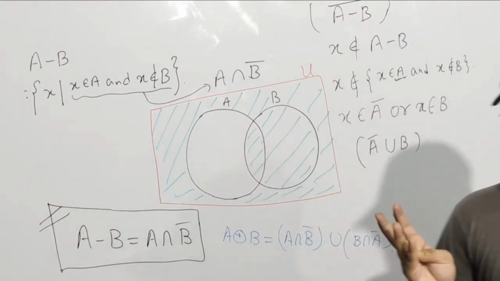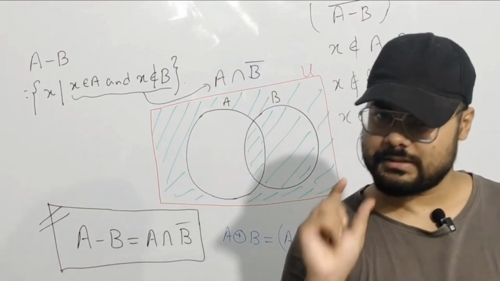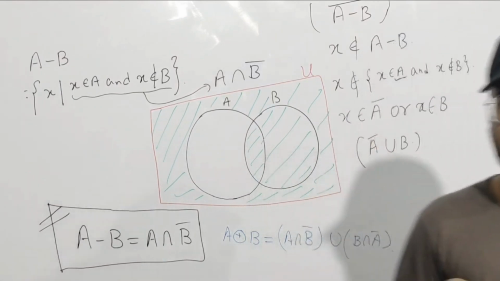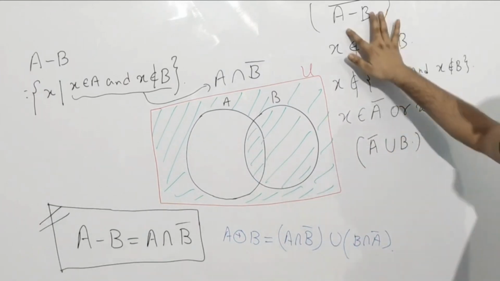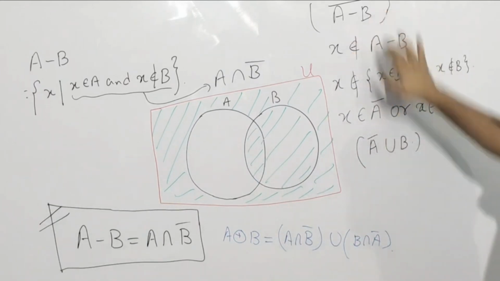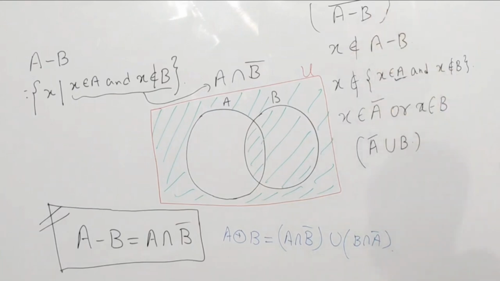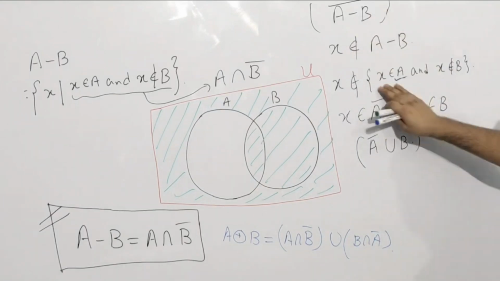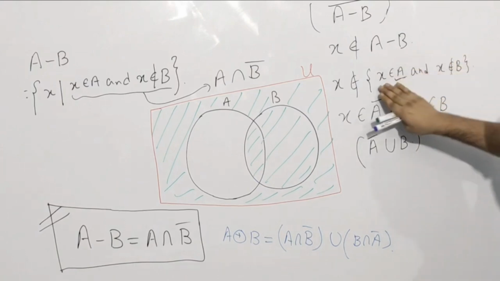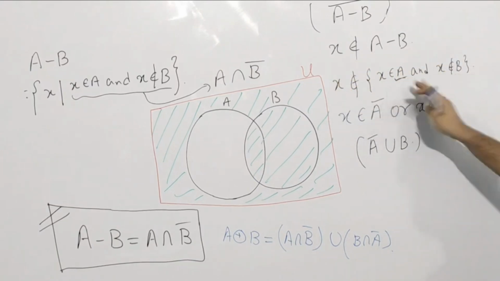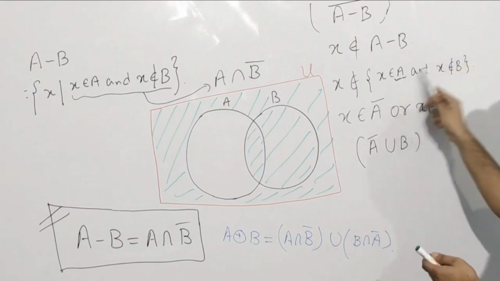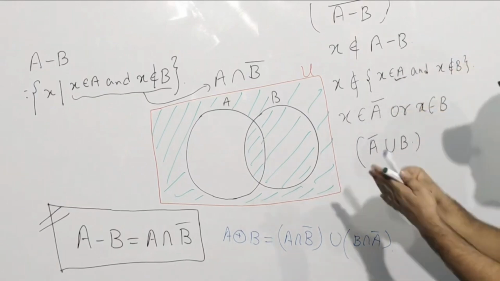Union, intersection, and complementation, the basic definitions you know, and then if you know De Morgan's law, you can arrive at this from here only. You can think of it just in terms of set operations directly.